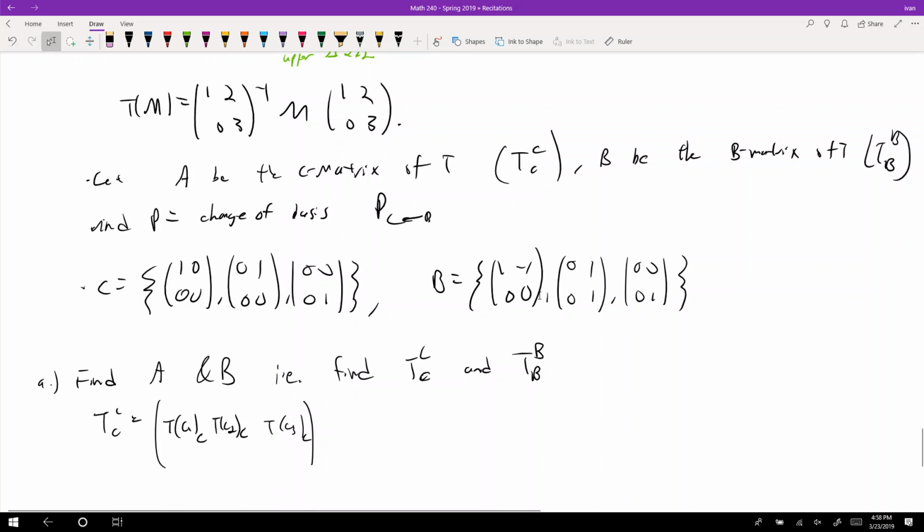But what is C? It's the standard basis for upper triangular matrices, and that's important to recognize for this problem. C is a standard basis for upper triangular 2 by 2 matrices.